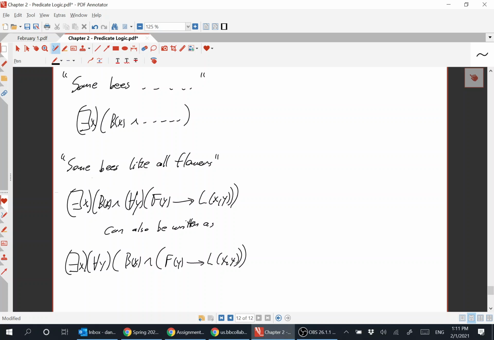Either works. But you have to have the parentheses here, by the way, because there exists X such that X is a B and something. So that something is in parentheses.